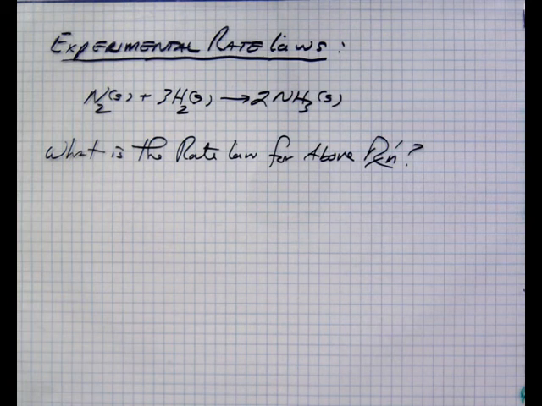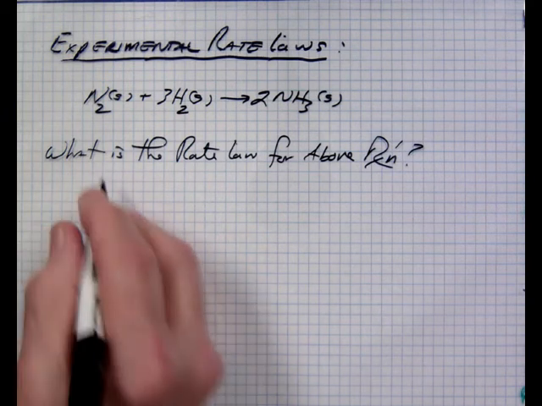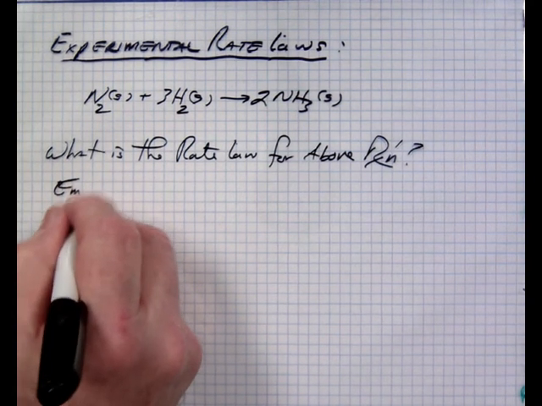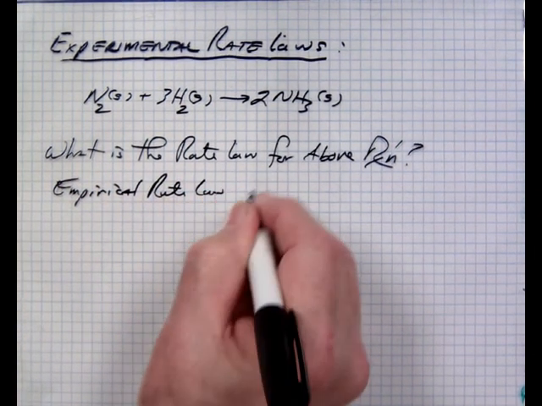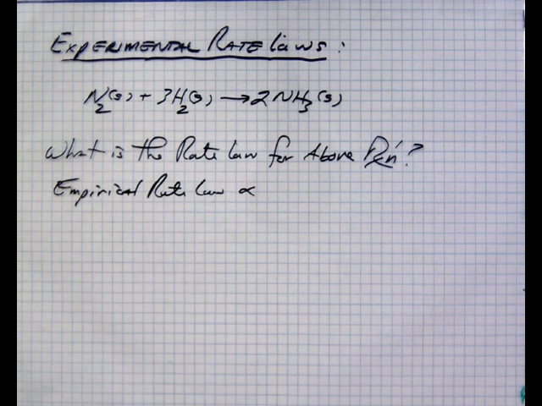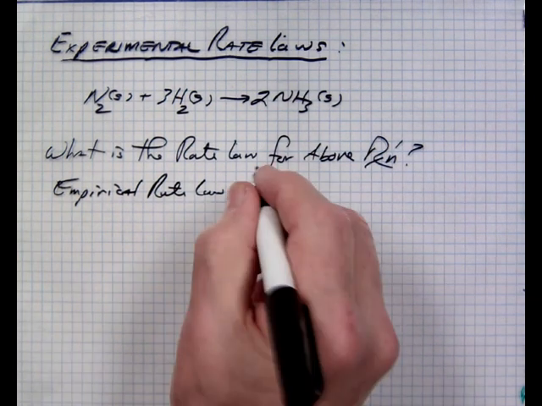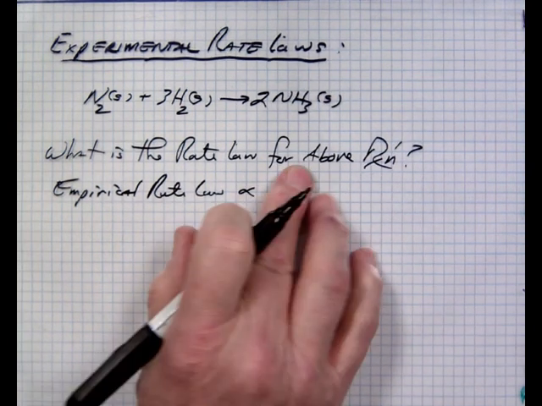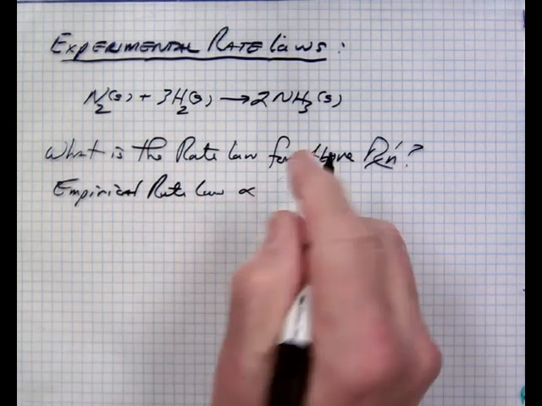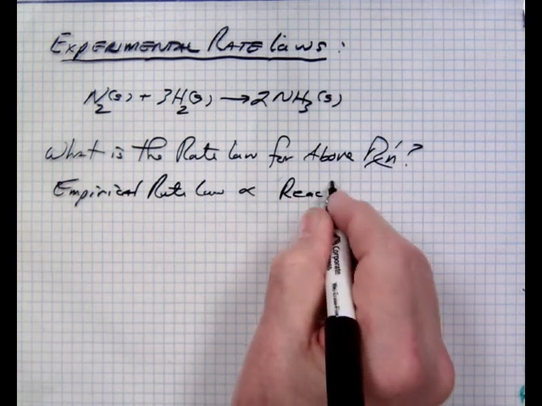Now, what do I mean by empirical? The empirical rate law is in terms of variables associated with the behavior of the reaction. It's always proportional to reactant concentrations.